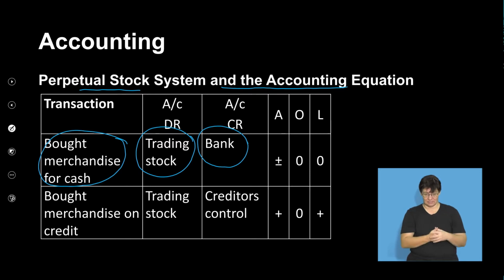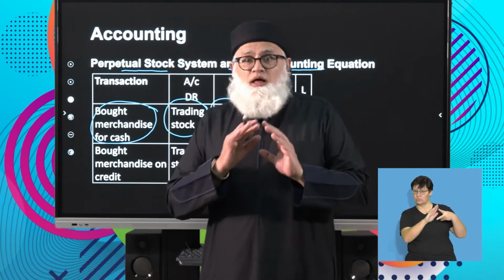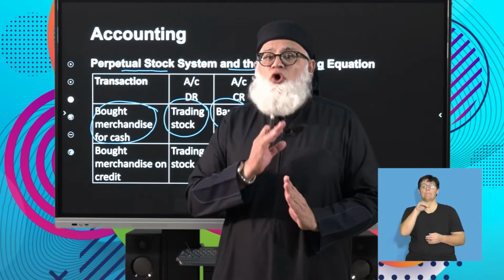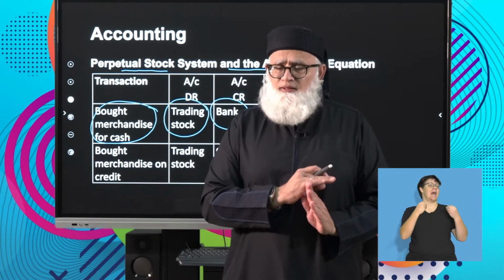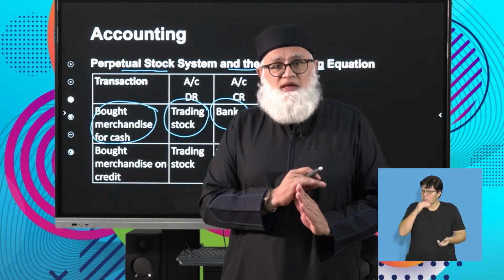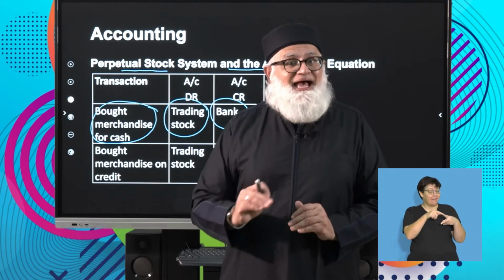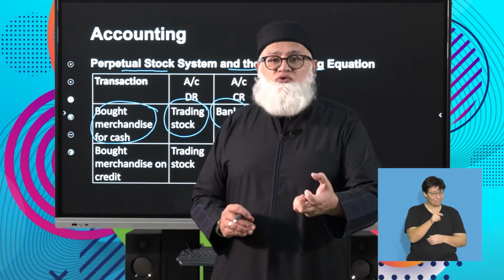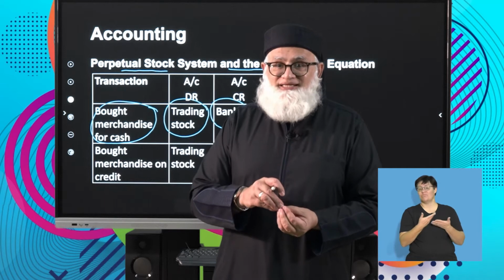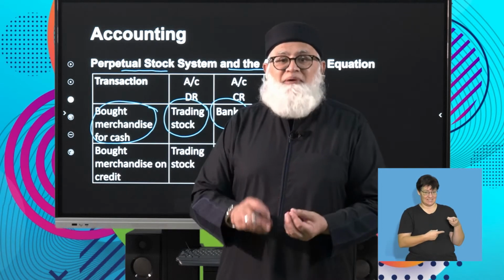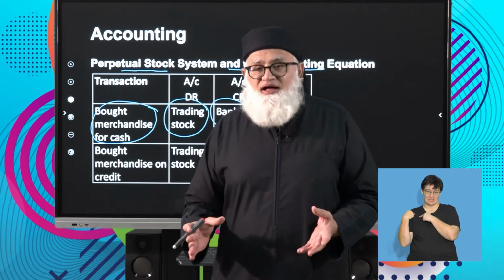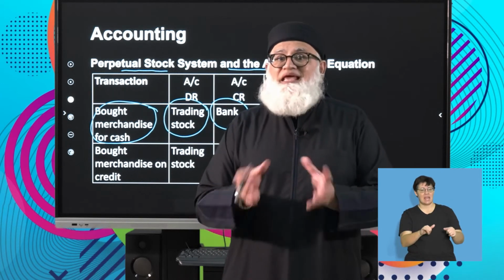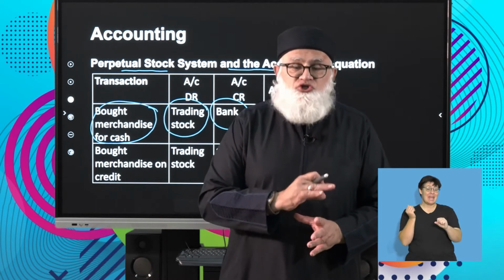Just a word about the bank account. Don't take for granted that your bank is always an asset. What do I mean by that? Bank can also be a liability. In that case, your bank account will no longer be regarded as an asset, but a liability. However, the account debit and the account credit doesn't change, but the impact on the accounting equation will change.